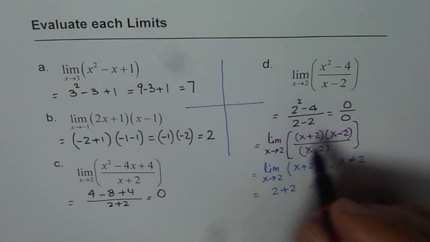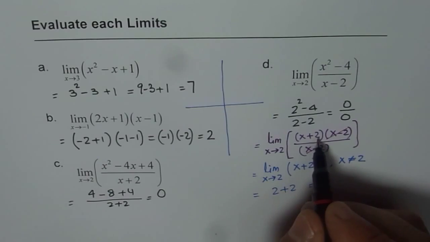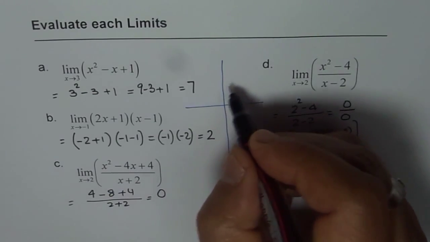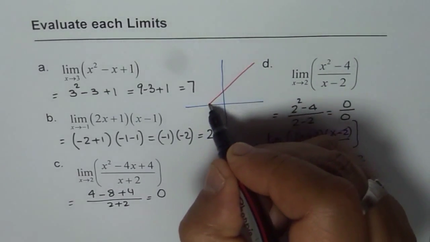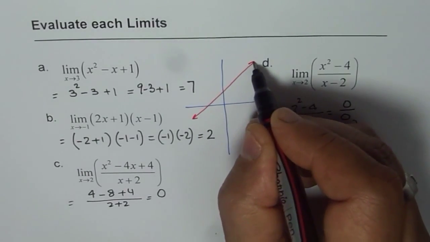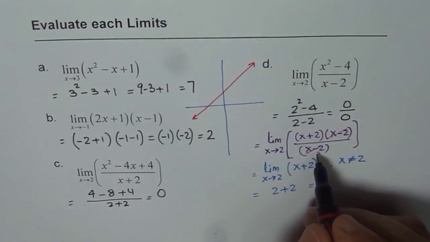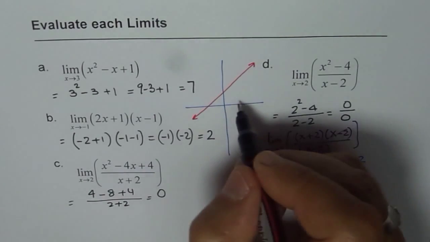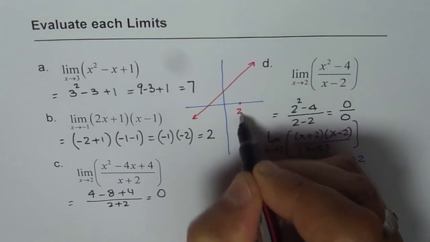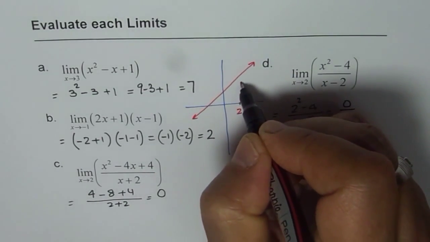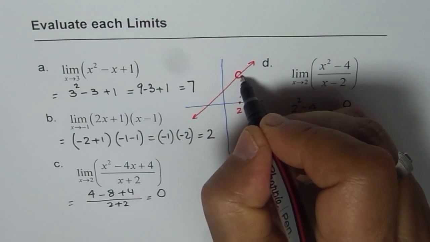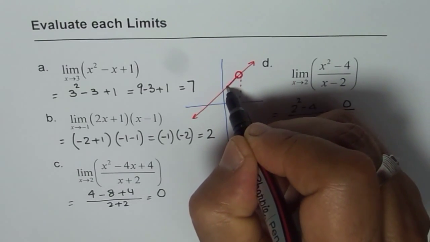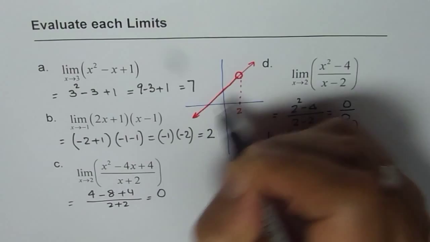So x plus 2 will be a graph with y-intercept at 2 and slope of 1. Let me draw a line like this. Now the restriction here is that x is not equal to 2. So let us say this is the x value of 2. Then at this point we actually have a hole. It is not filled in. So the graph is actually like this.